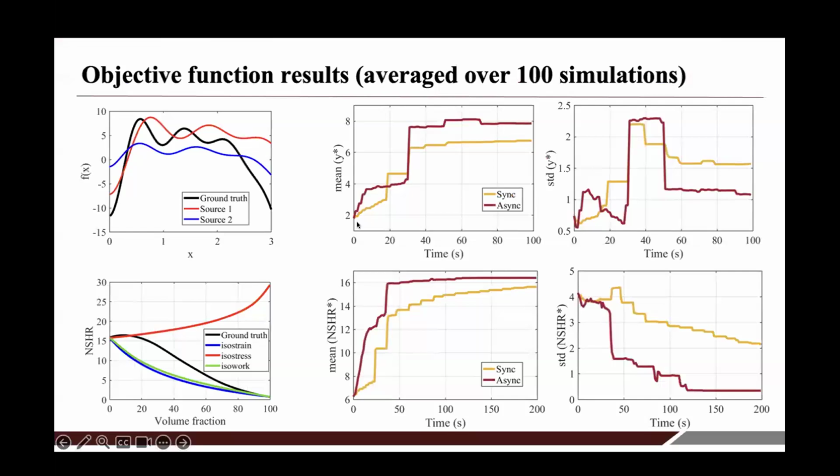And when we look at the actual objective of this optimization, we see a superior performance when we are using asynchronous Bayesian optimization, right? So clearly, this technique not only makes the utilization of resources more efficient and effective, but also allows us to get insights into the optimization scheme with a lot more precision.